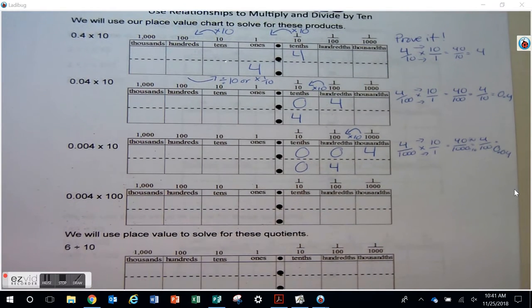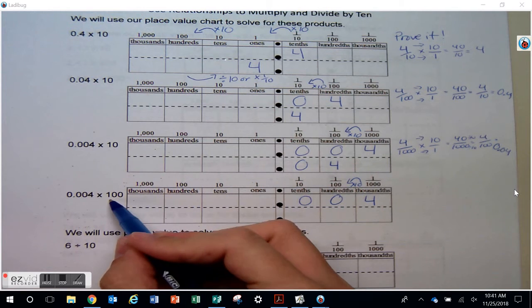So let's challenge it even more. If I had that same number of 4 thousandths, and I know that multiplying by 10 gets me to the hundredths place, what would multiplying by 100 mean? Let's see. If I multiply by 10, and then I multiply by 10 again, that's the same as multiplying by 100.